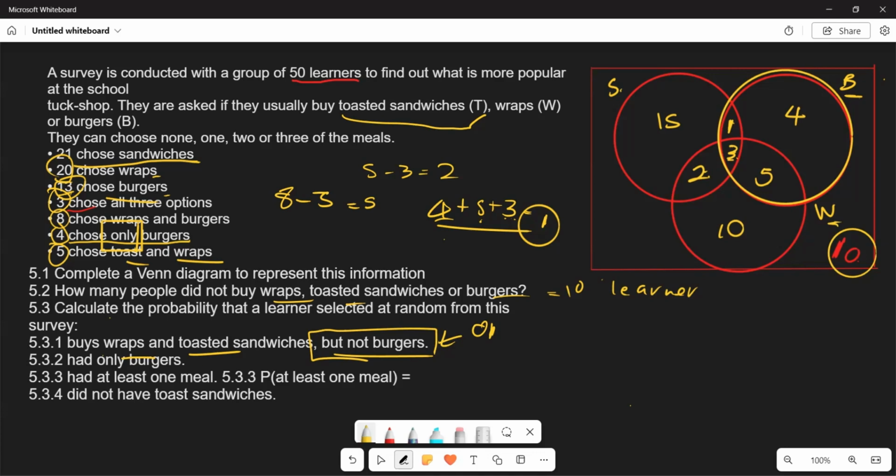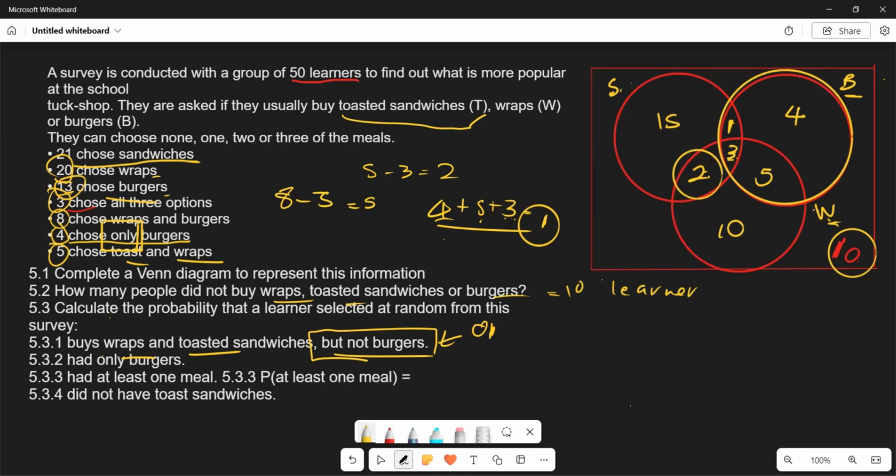This is a sandwich, and this is also a wrap. So from sandwich to wrap, the only number that we are going to get is 2.